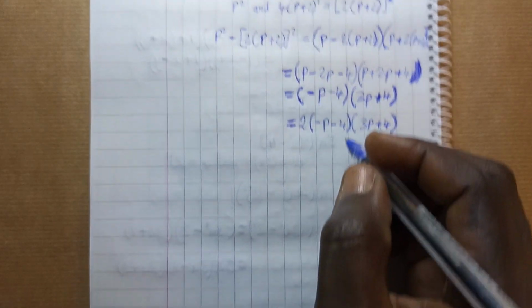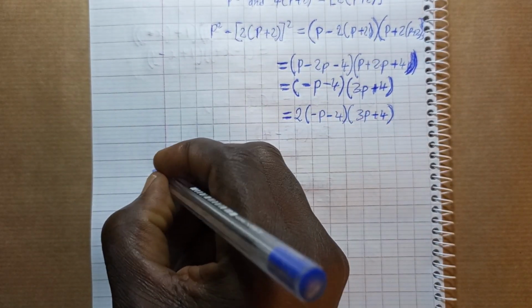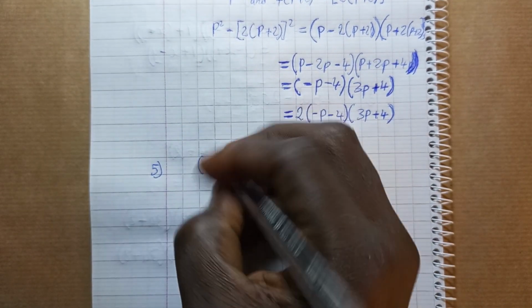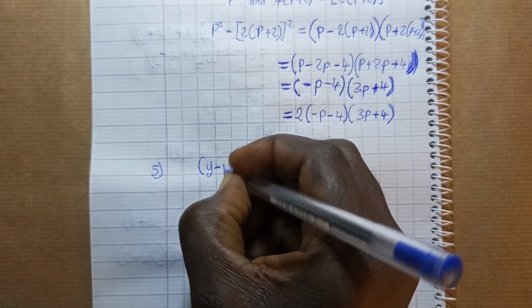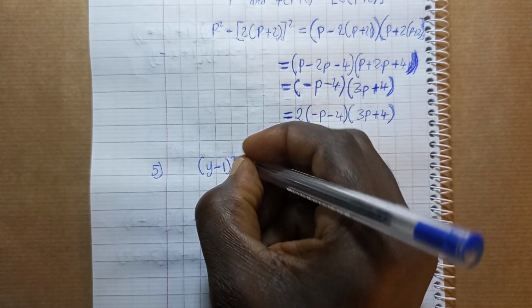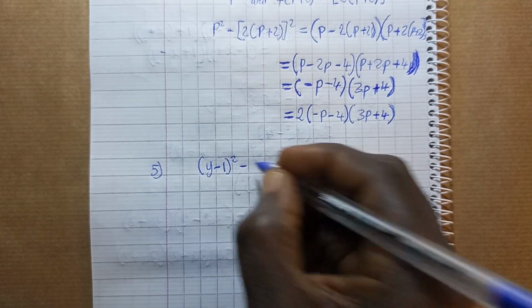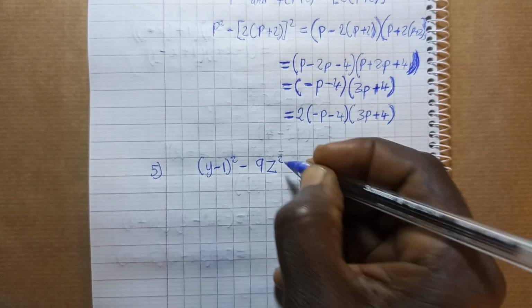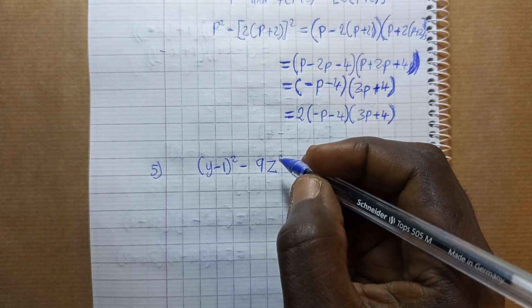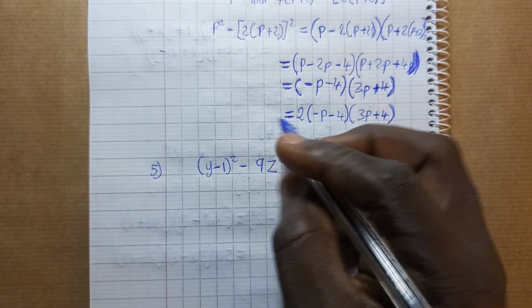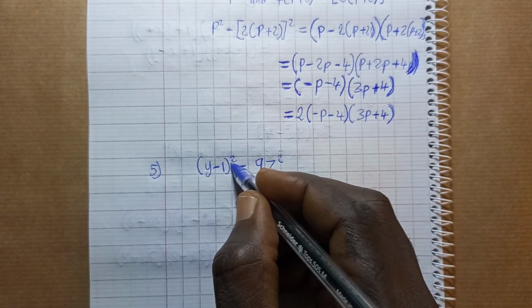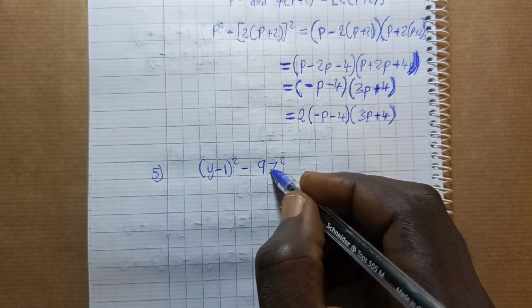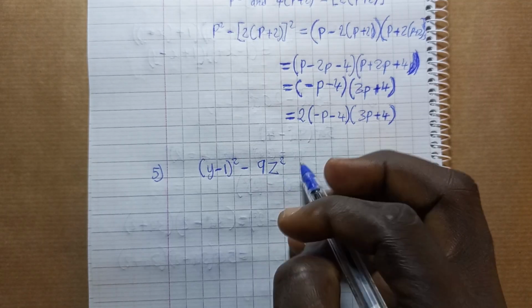So finally, the number 5 question: open bracket y minus 1 close bracket y square minus 9z square. This one is identified as a perfect square, but this one we are going to break down again.